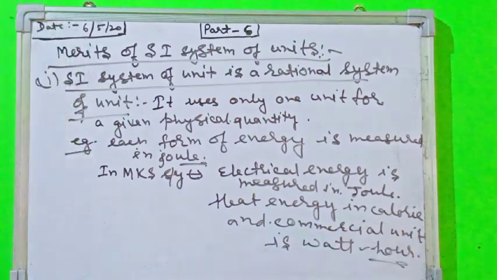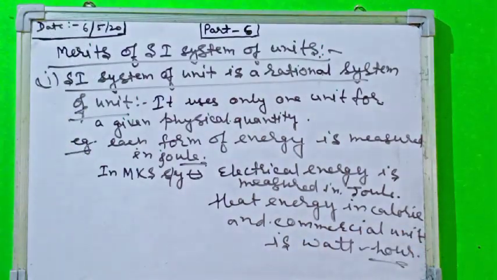Means here to say that only the SI units are like that. For one type of quantity there is a similar unit, but in other systems of units the units vary from quantity to quantity. So it is very much preferable to use the SI system of unit because it is a rational system of unit.